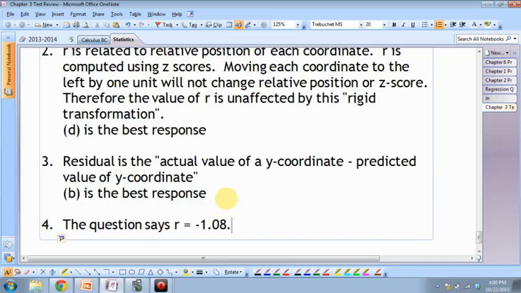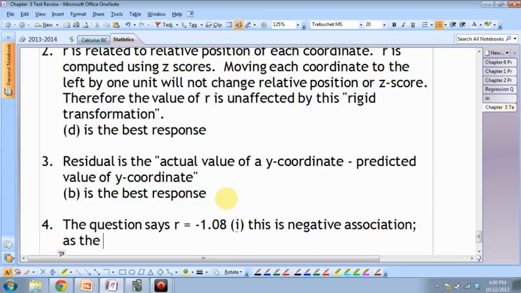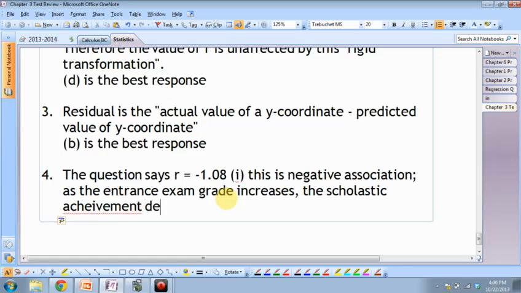Okay, so a couple of problems. Problem 1, this is negative association. This means as the entrance exam grade increases, the scholastic achievement decreases.